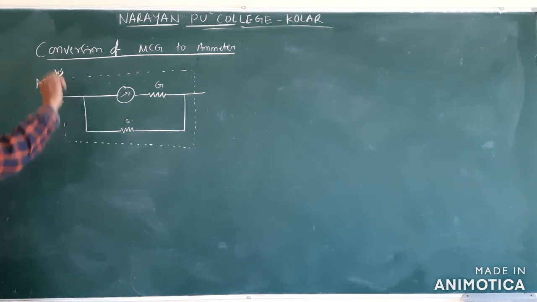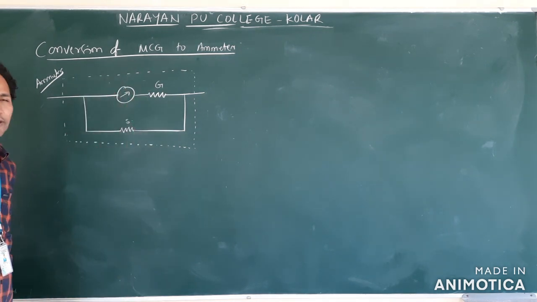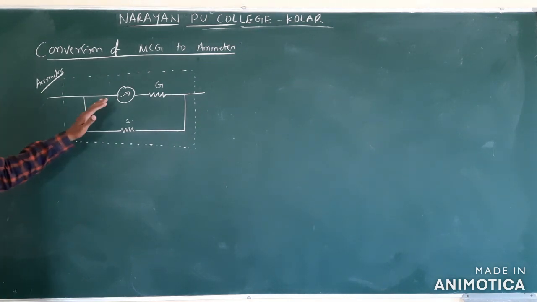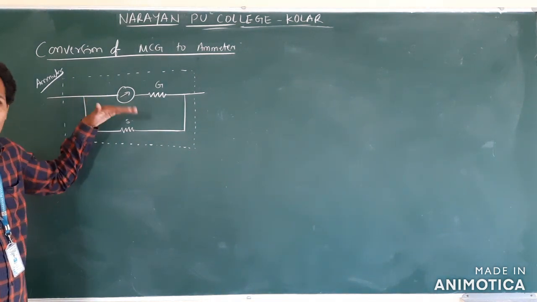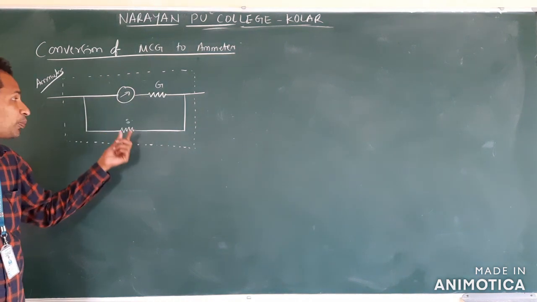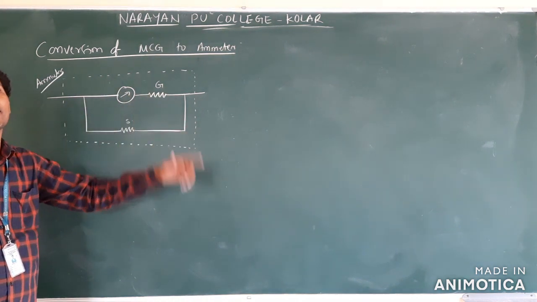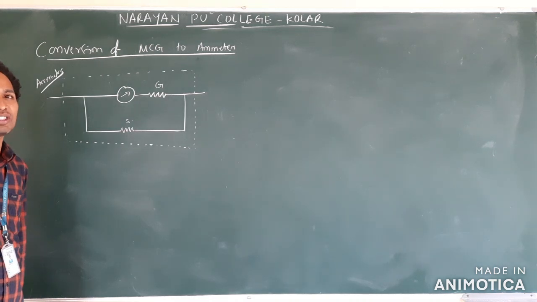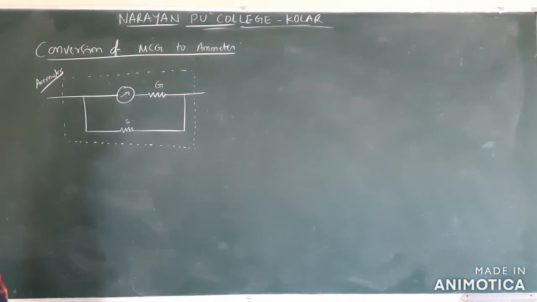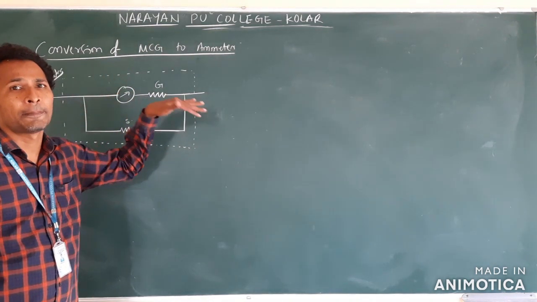We do expect a 1 mark question: how do you convert MCG to ammeter? Moving coil galvanometer to ammeter. We convert the moving coil galvanometer into an ammeter by connecting a small resistance in parallel with the MCG. Understand? Don't forget, small resistance in parallel.